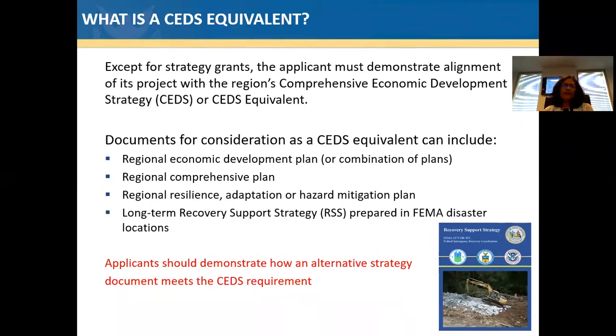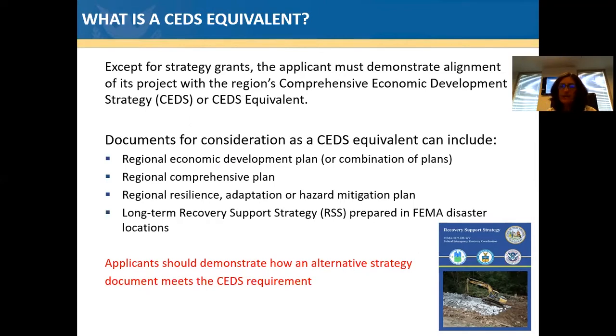When we talk about EDA's work, we're always talking about projects in the context of a regional vision for economic development. These projects are not isolated, but rather come out of strategic thinking and strategic planning. So the applicant needs to demonstrate how the proposed project aligns with the region's strategic plan for economic development.